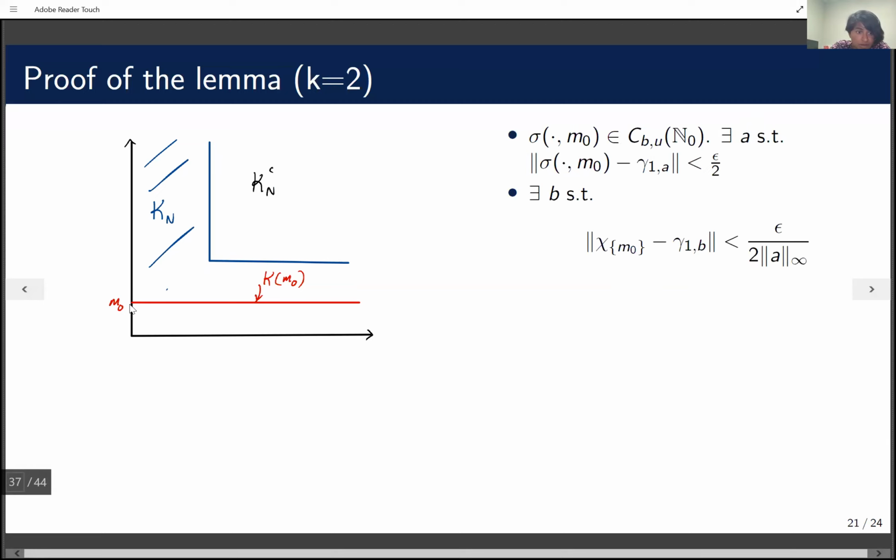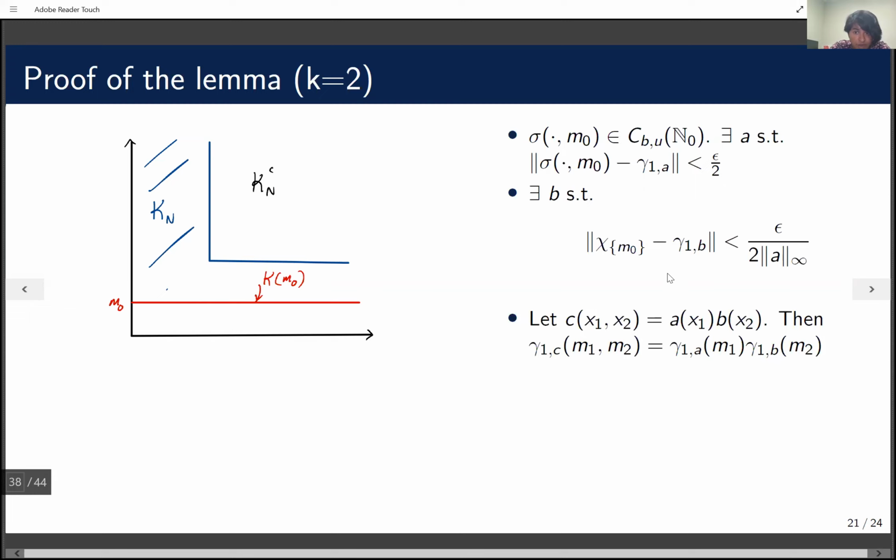Now if we consider the sequence which has support only at m naught, like the characteristic function at m naught, it's also clearly in CBU n naught. So we can also find a symbol b such that the subnorm of the difference is less than epsilon over 2 times the subnorm of a, where a is the symbol that we found here.